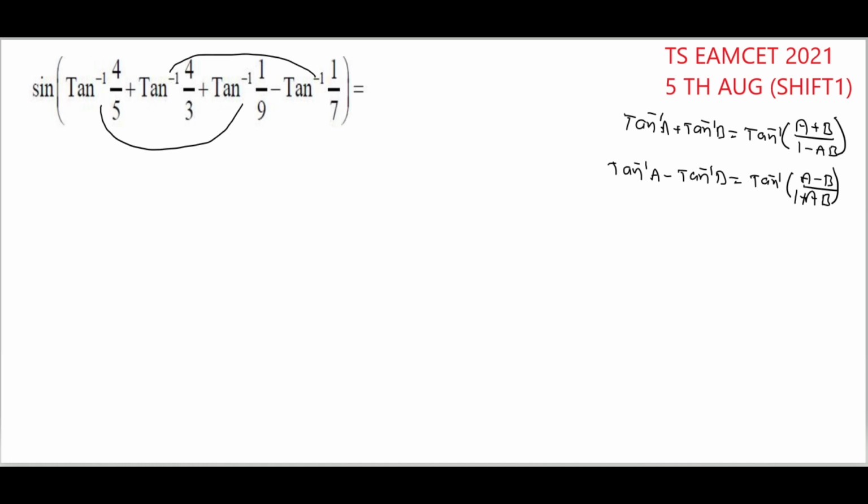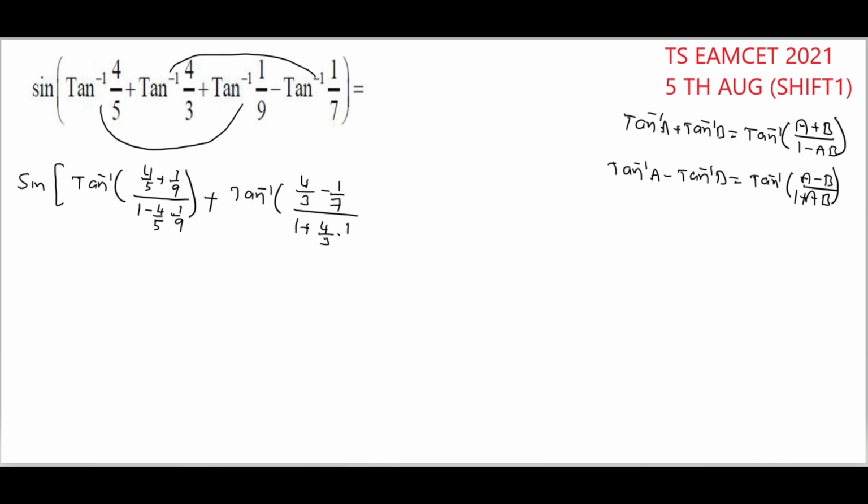Applying the formulas, that is sin of tan inverse of 4 by 5 plus 1 by 9 by 1 minus 4 by 5 into 1 by 9, plus tan inverse of 4 by 3 minus 1 by 7 by 1 plus 4 by 3 into 1 by 7.